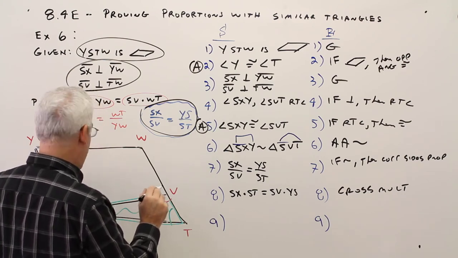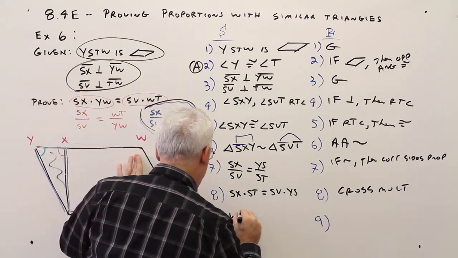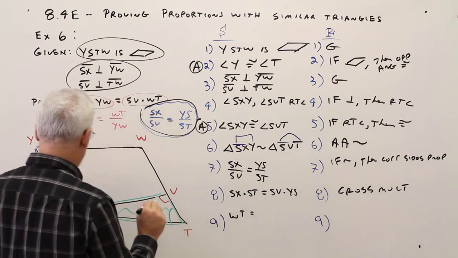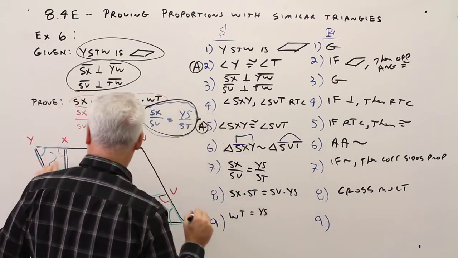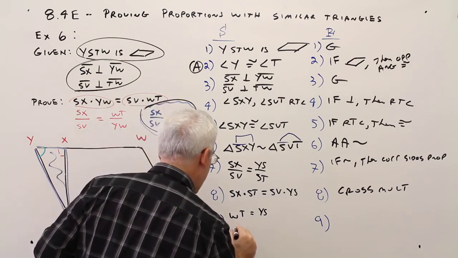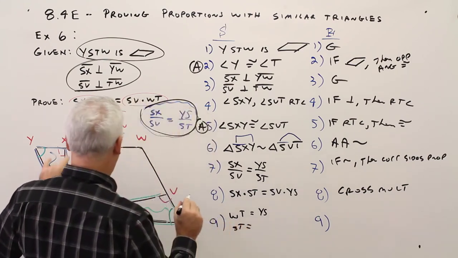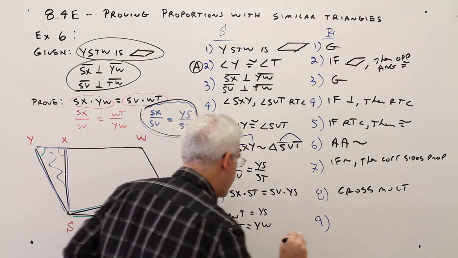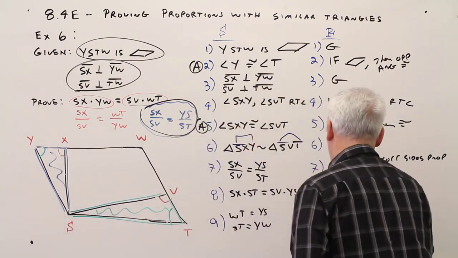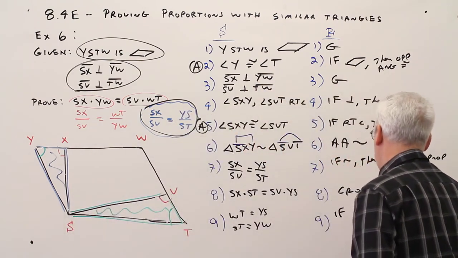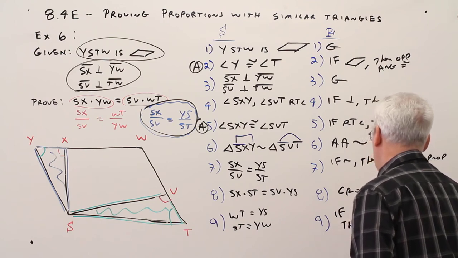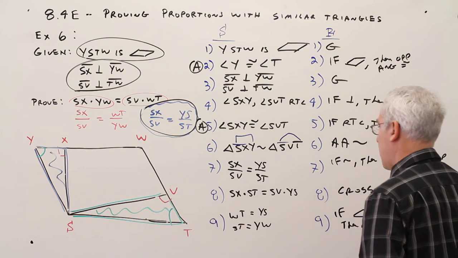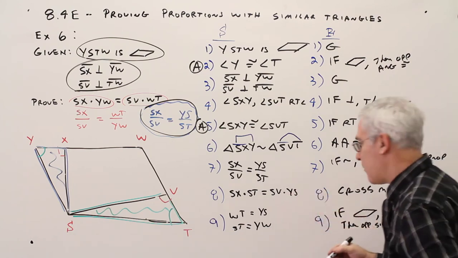So I'm going to say WT is the same as YS, and I'm going to say ST is the same as YW. If we're a parallelogram, then opposite sides are congruent or have the same distance.